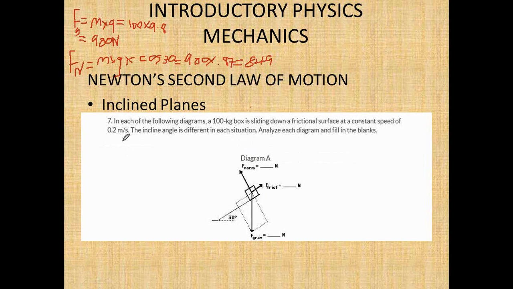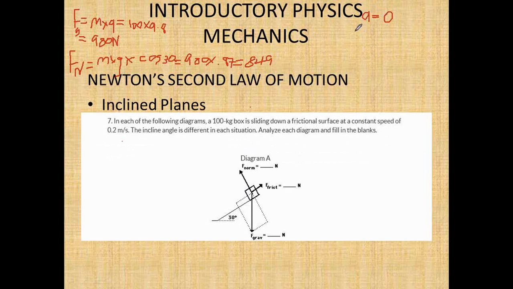At a constant speed, we know that the acceleration is zero. Remember? When you have an object with constant speed, acceleration is zero. You have to have a change in velocity for you to have an acceleration.